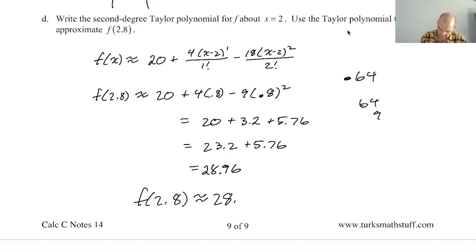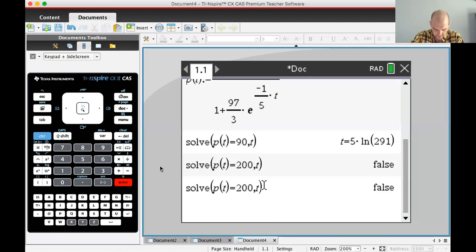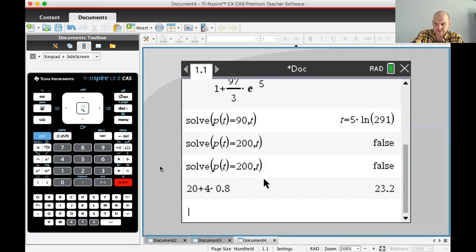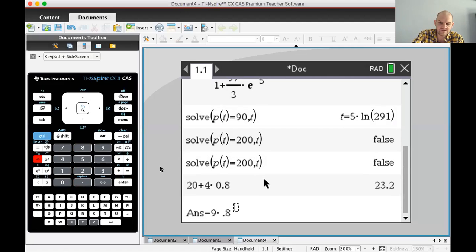I should check that one on a calculator, so let me do that. You don't really need to watch this, but I'm going to do it anyway. 20 plus 4 times 0.8, let's just confirm that. And then minus, I definitely got it wrong, minus 9 times 0.8 squared.